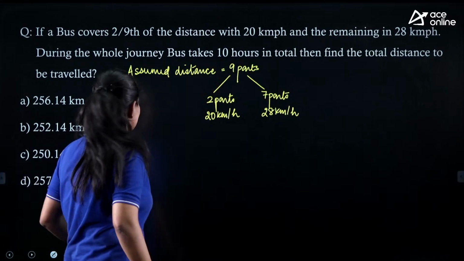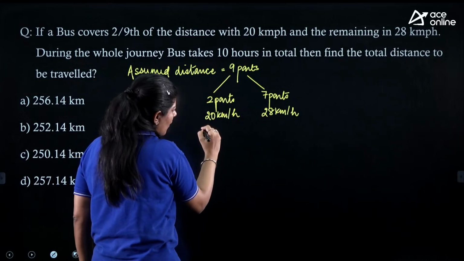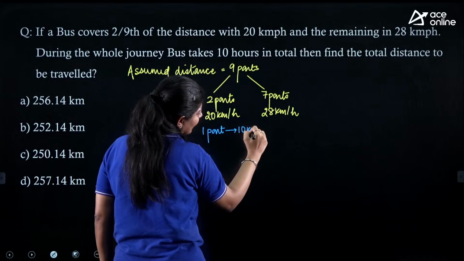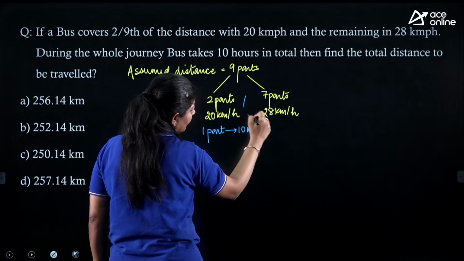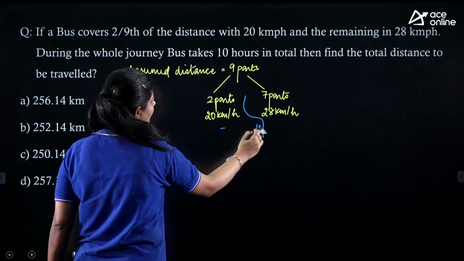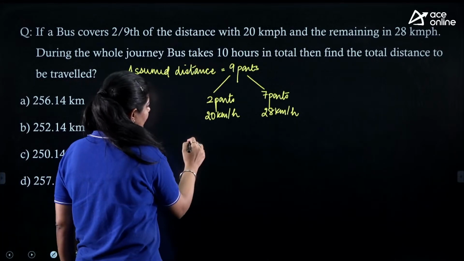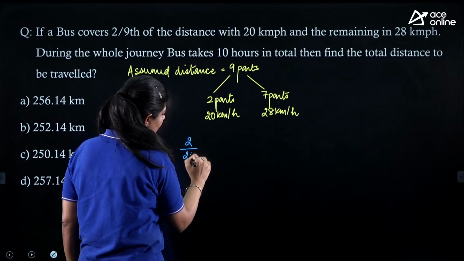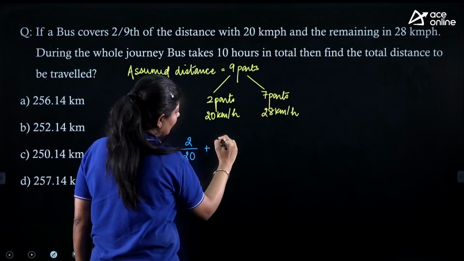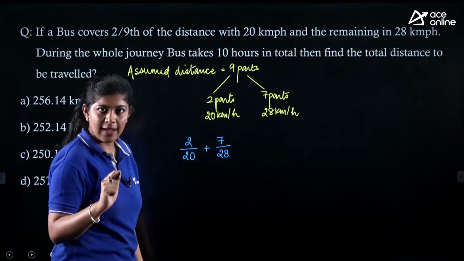Now, in these two parts, one part is covered with the speed of 10 kilometers per hour, I can say that, right? Or instead of making it more complicated, you can directly write it as the 2 parts covered with a speed of 20 kilometers per hour, plus the 7 parts covered with the speed of 28 kilometers per hour, right?